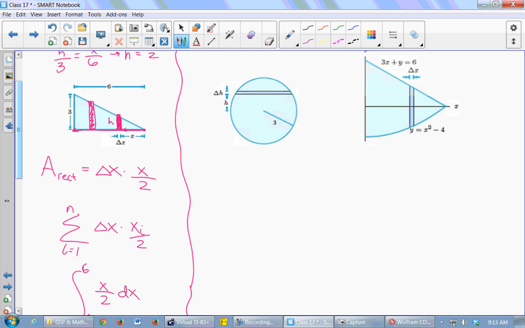Just picked a slice of my circle, and I'm going to slice it, slice it, slice it, slice it, and then add up the areas of all those slices. And each of these slices is almost a rectangle. And it's got width delta h, and then I need to know its height.